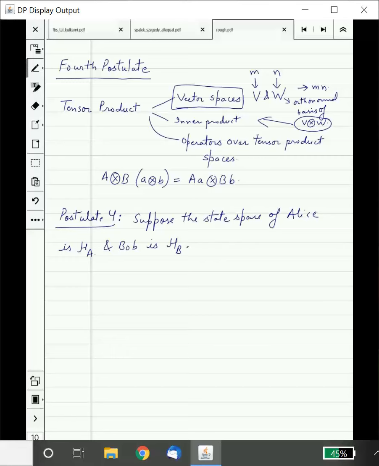The state space of Alice is HA, for Bob it is HB. In this case, the state space of the combined system, this is what we are interested in, is, no prize for guessing, HA tensor HB.